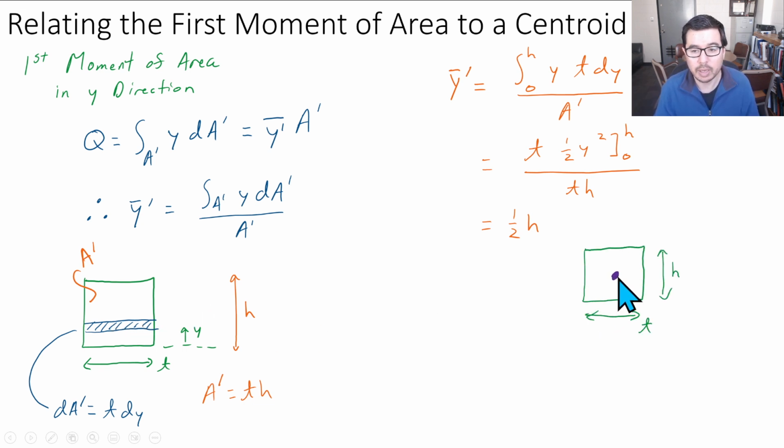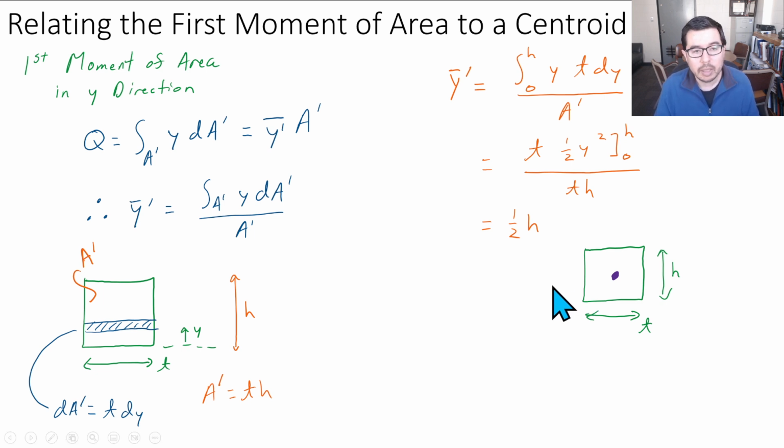That's where you would put the centroid, right in the middle, assuming nothing odd is happening. If you're thinking about center of mass and you have different density over a given area, then the centroid might move. But this centroid is only using the area, only using the geometry here.